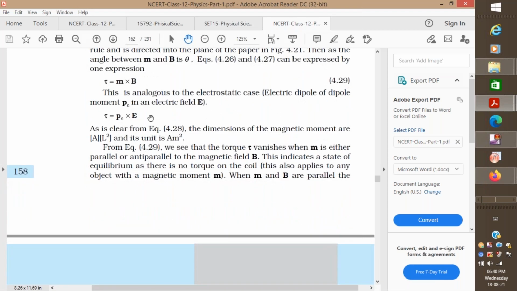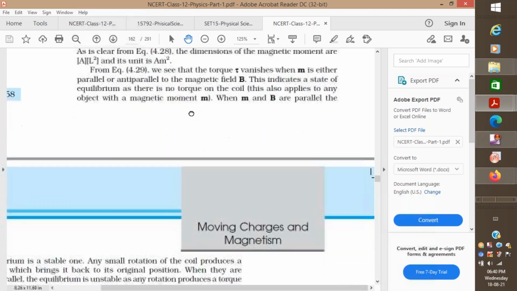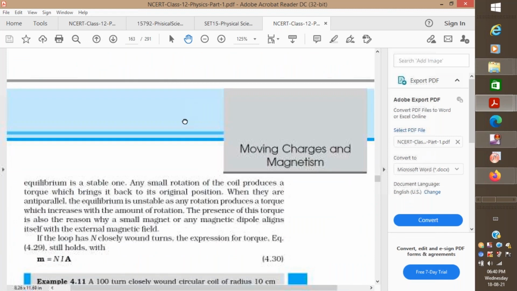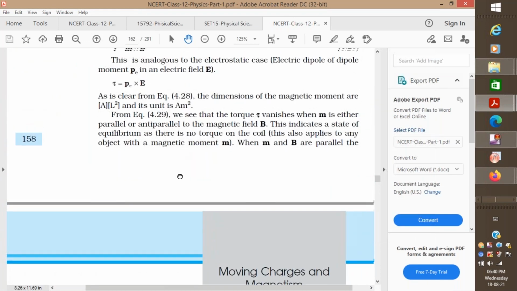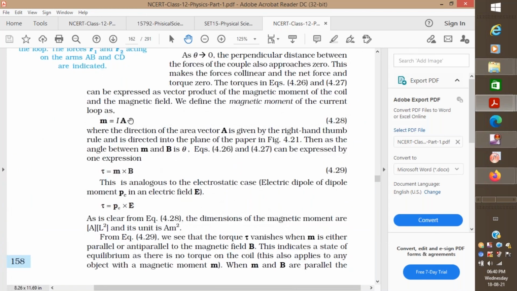So whatever we have learned, these are all happening in the uniform electric or magnetic field. So there are similarities in the electric and magnetic cases. We'll show in the next section how similar they are.